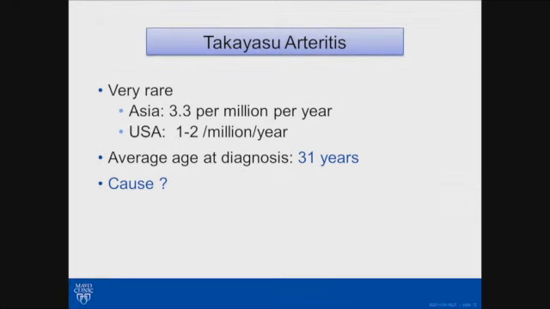This affects younger individuals, so that's one of the big differentiating features that we can tell them apart, that oftentimes these are young women below the age of 40, and an average age is about 31 or so. And again, the cause remains unfortunately largely unknown. There are some genetic associations, again, mainly seeing this more frequently in Asian populations, but again, seen worldwide.